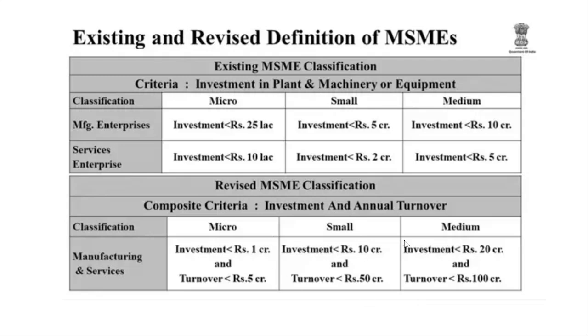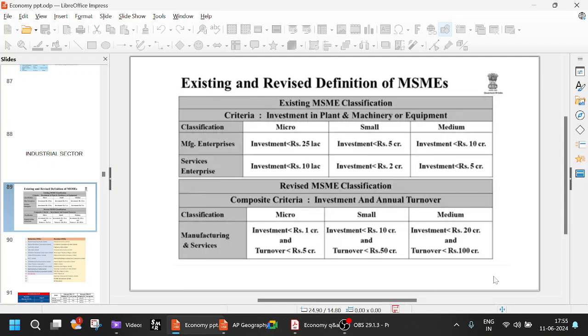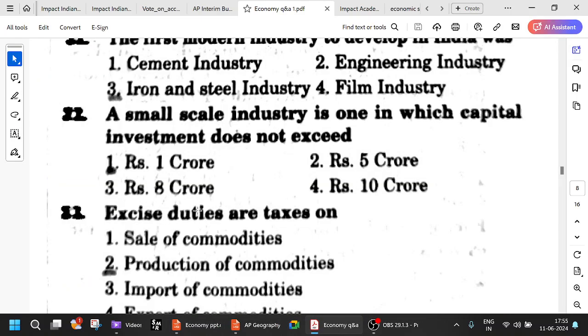So if the investment is 1 crore and turnover is 5 crore, then it is called micro. For small, it is 10 crore investment and 50 crore turnover. Remember this way: micro, small, medium. Investment should be less than 1, less than 10, less than 20. Turnover should be 5, 50, 100. Here he is asking about investment in a small scale industry.